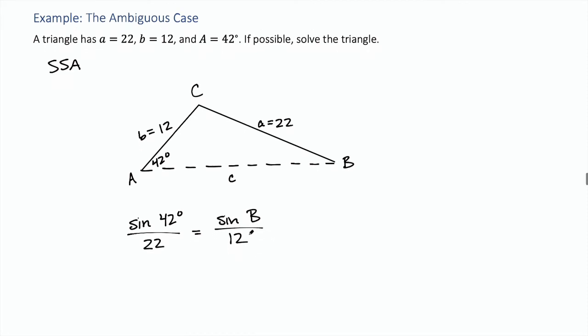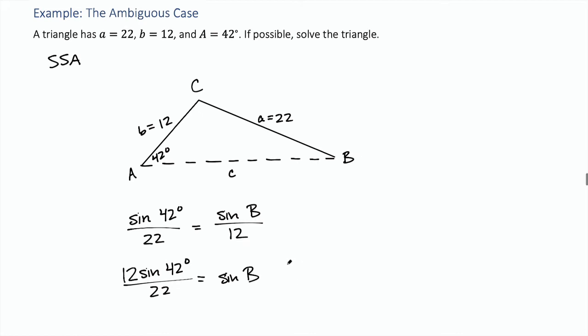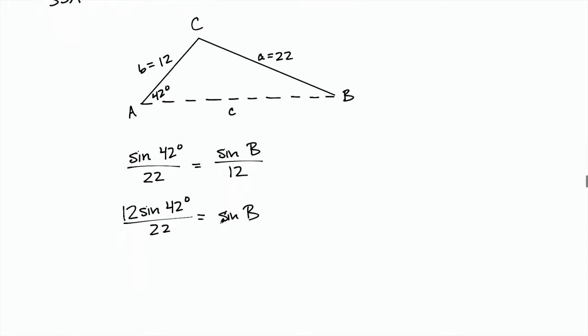And now I can solve for B. Multiplying both sides by 12, we get 12 sine of 42 degrees over 22 is equal to sine of B. And to get the angle B, we use the inverse sine. So the inverse sine of 12 sine of 42 degrees over 22 is equal to my angle B.